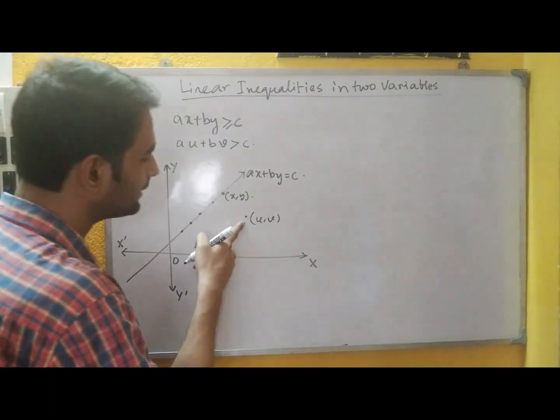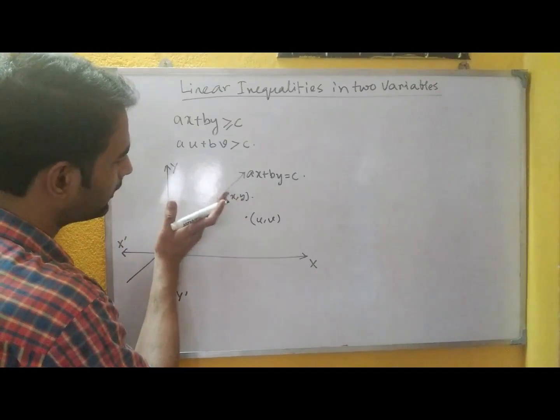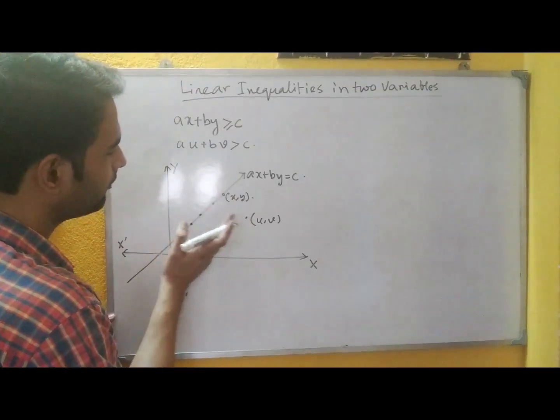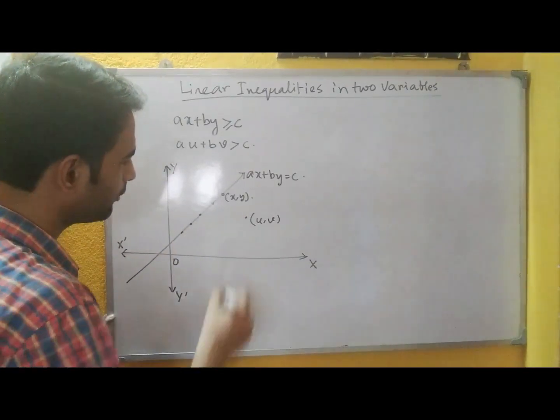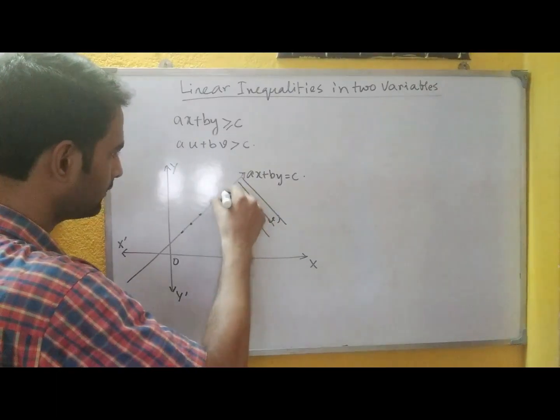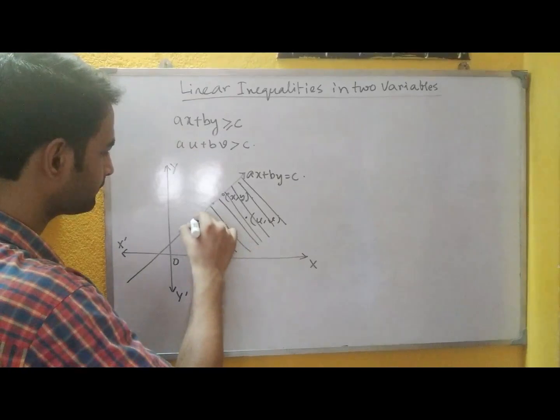And if this point is in the solution set, then all the points on the same side of the line as (u, v) will be in the solution set. So all the points in this shaded region will be solutions of this inequality.